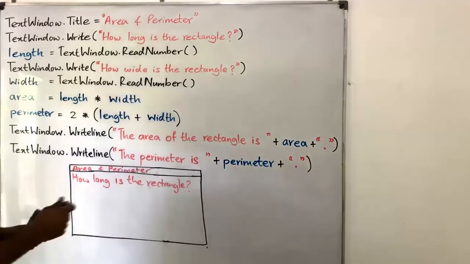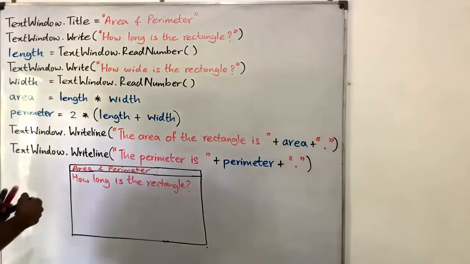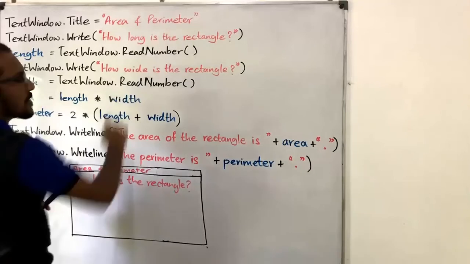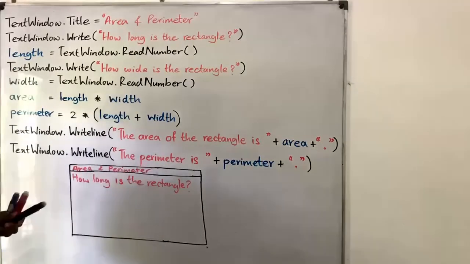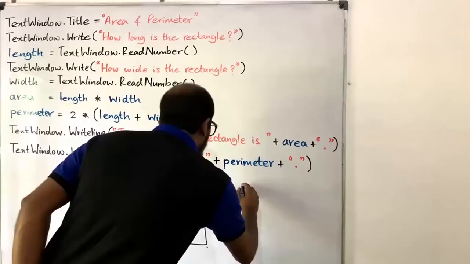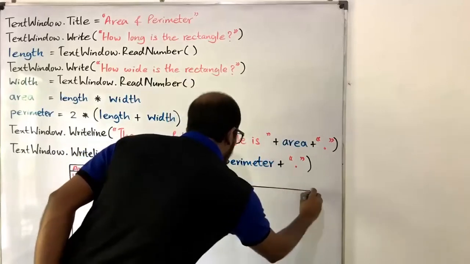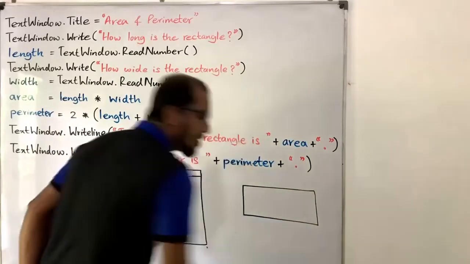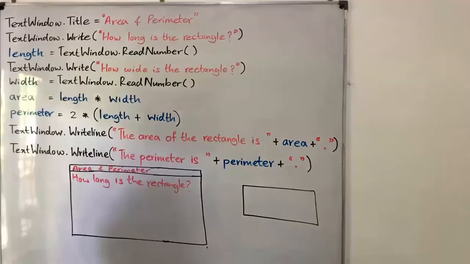In this program we are going to calculate the area and the perimeter of a rectangle. So let's imagine this is that rectangle.